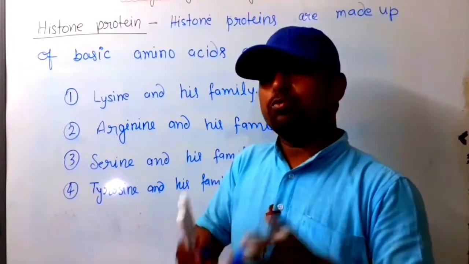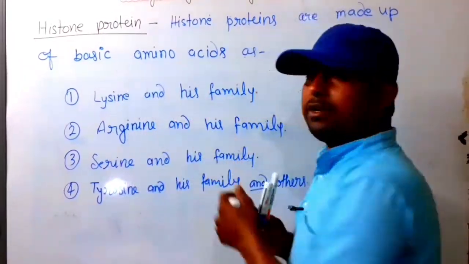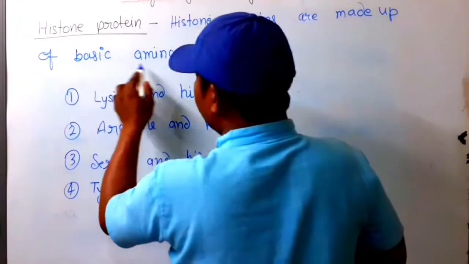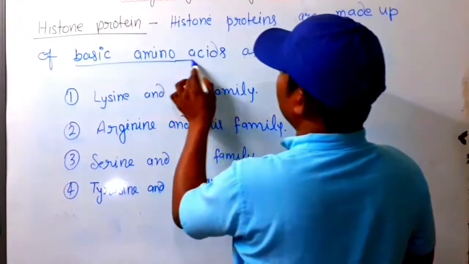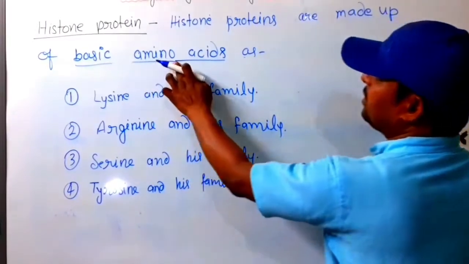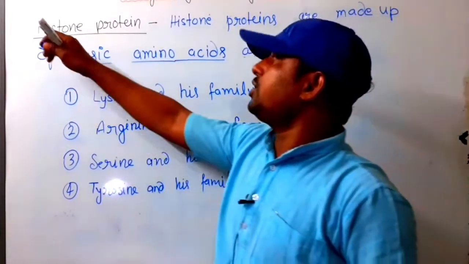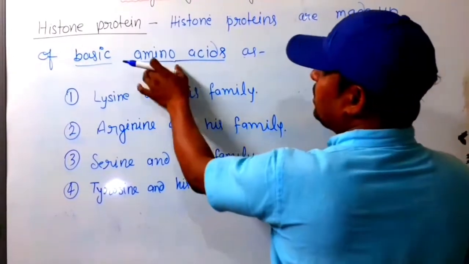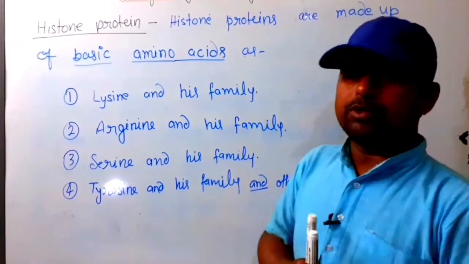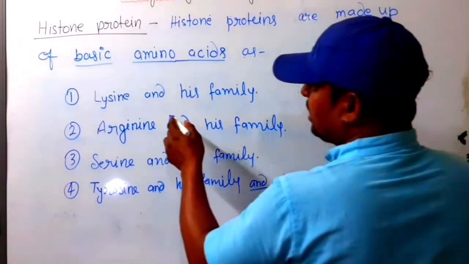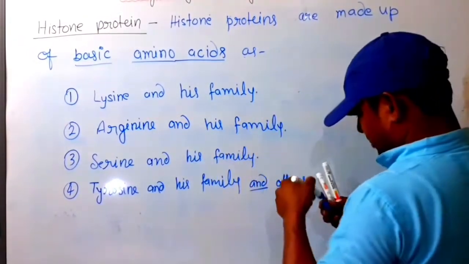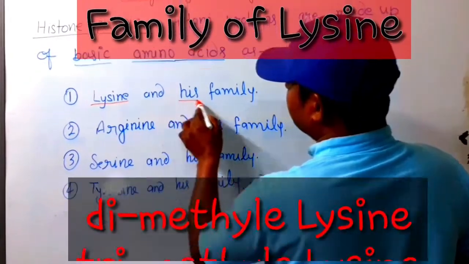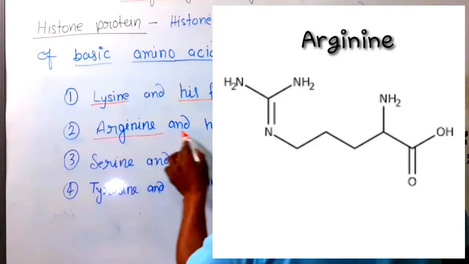Let's come to know more about the histone protein. Histone proteins are made up of basic amino acids, such as lysine and its family, arginine and its family.